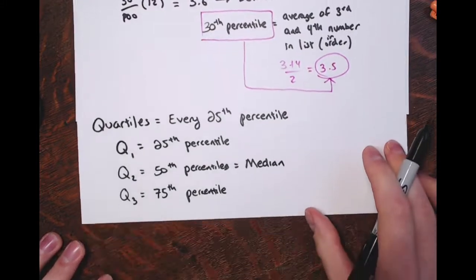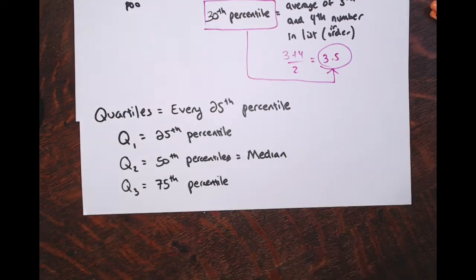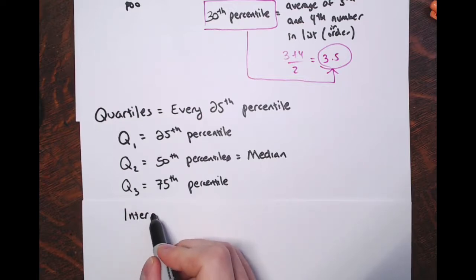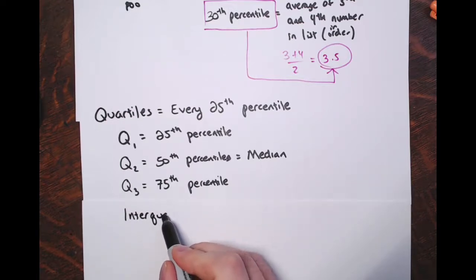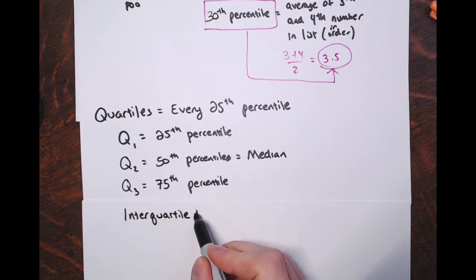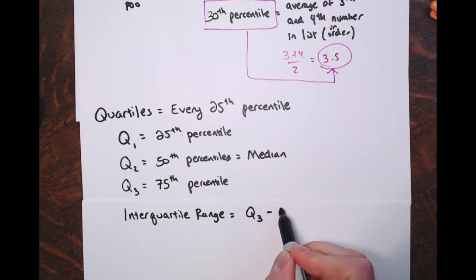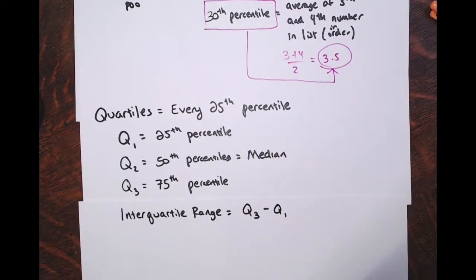And then this interquartile range that's mentioned is the difference between Q3 and Q1. Interquartile range is Q3 minus Q1. It's like the middle 50%, right?